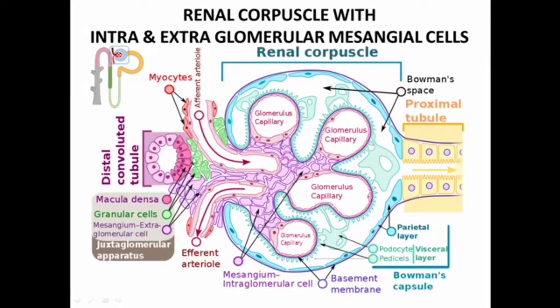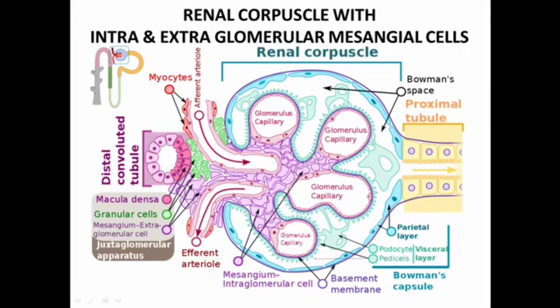Now, what are these cells? This is the afferent arteriole, and you see the myocytes here. In the tunica media of these afferent arterioles, the smooth muscles are changed. They become larger, and there are zymogen granules present containing the enzyme renin.